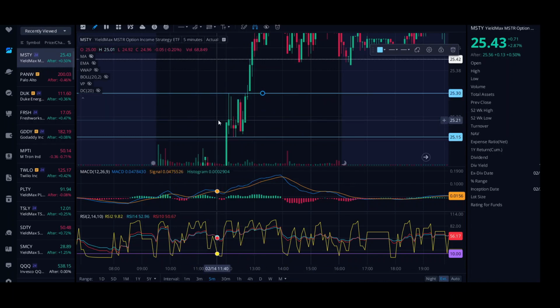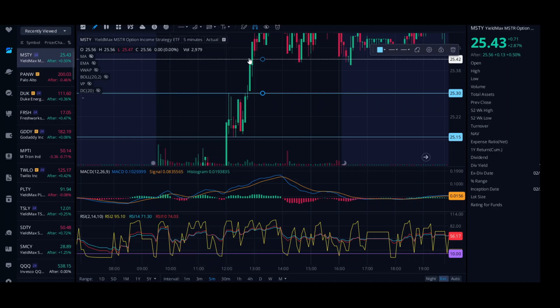This is not for the whole thing. This is only for this little area where we had come up. We hit that resistance, came down, hit that support, come up, hit that resistance, come down, hit the support, and then come up, hit the resistance, and then we broke out.